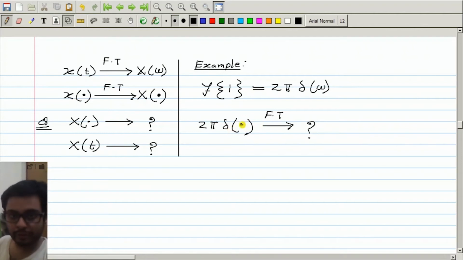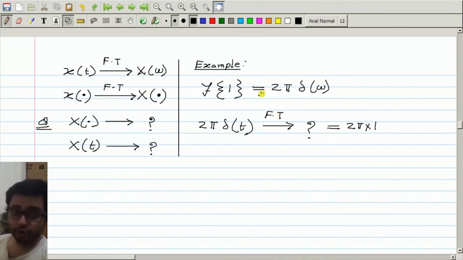Of course, to make it more meaningful, you may think that here in place of omega, I am thinking of t, and then asking what is the Fourier transform of delta t. And we also have seen this a few minutes back. This is 1 multiplied by 2 pi, because Fourier transform of delta is 1. So the question is, if Fourier transform of 1 is delta, then what is the Fourier transform of delta? Okay, so that is the question.